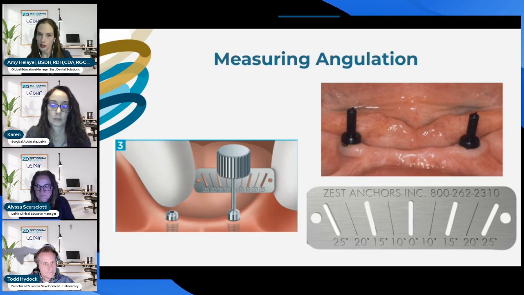It is not one size fits all for those colored inserts that you're changing. So with Locator, we want to measure each individual implant. Just like we did for the cuff, we're measuring each individual angulation to ensure that we are selecting the proper nylon inserts to go with the case.